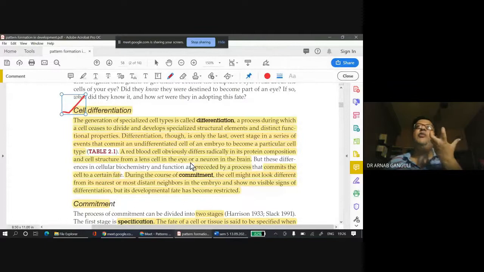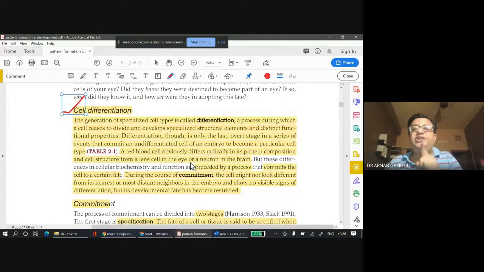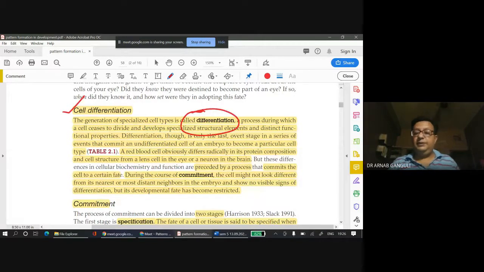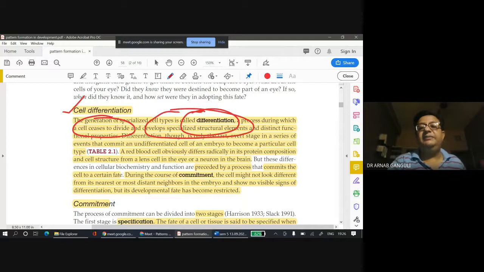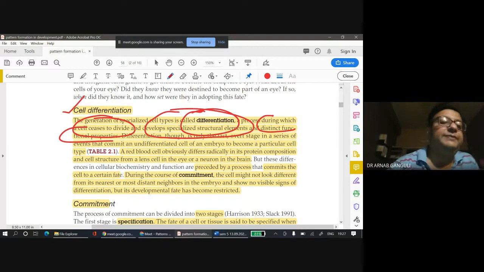Previously, it started from one cell. That cell could have become anything, but then it became differentiated. By the process of differentiation, first it stopped dividing, and then it developed specialized structural elements, and then distinct functional properties. So three things you see in differentiation. First, division stops.